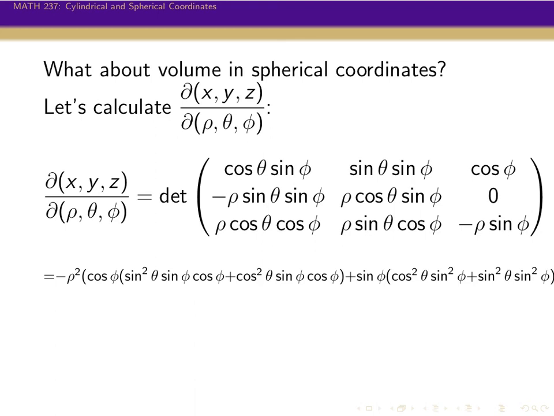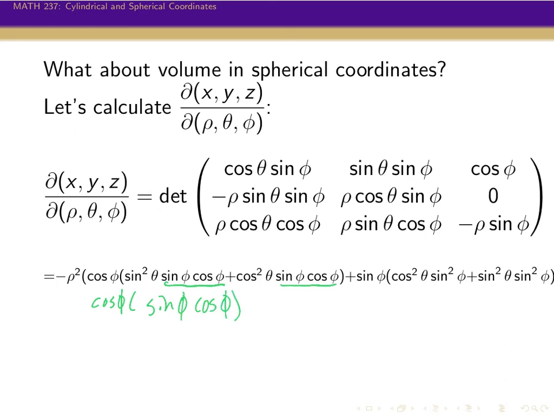if you look in here, there's actually an awful lot of cancellation, or simplification. We've got a sine phi, cosine phi, sine phi, cosine phi, and this one's getting multiplied by sine squared, this one's getting multiplied by cosine squared. And so this half right here actually turns into cosine phi on the outside times sine phi, cosine phi.